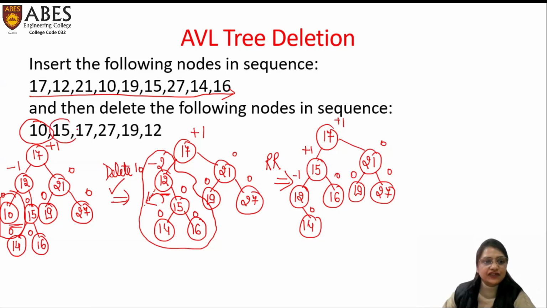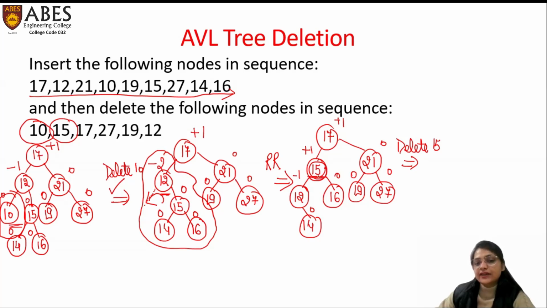Next element is 15. Now I want to delete 15. As I can see, if I want to delete this 15, 15 has two children. So in this case, we have to consider the binary search tree property, where if a node which I want to delete has two children, then we have to calculate the in-order traversal.